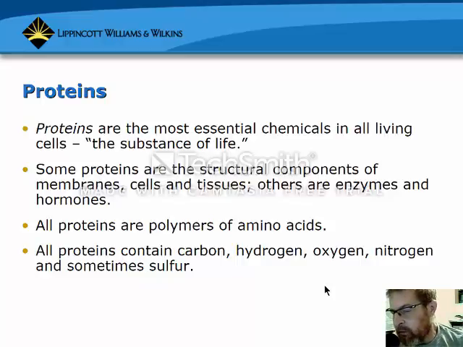One of the most important things is that proteins are polymers of amino acids. All proteins are going to contain carbon, hydrogen, oxygen, nitrogen, and in a few rare examples, some sulfur.